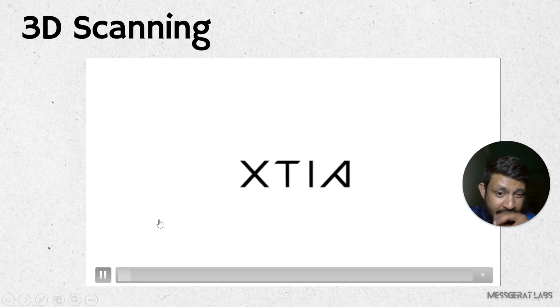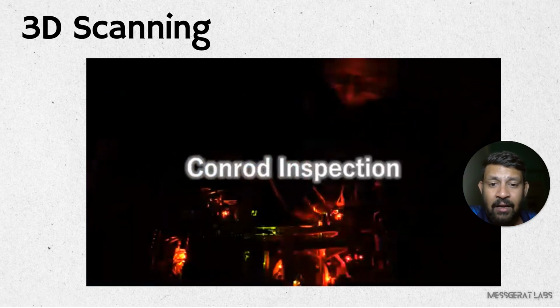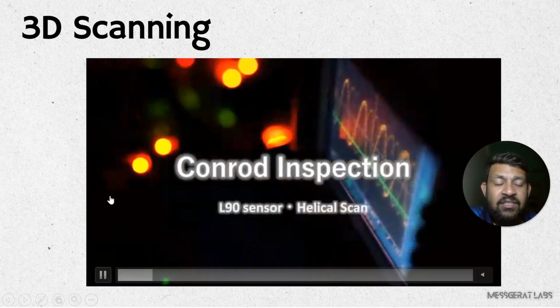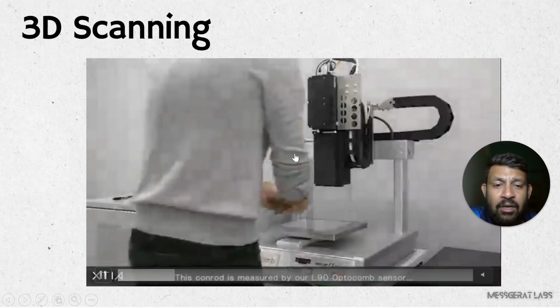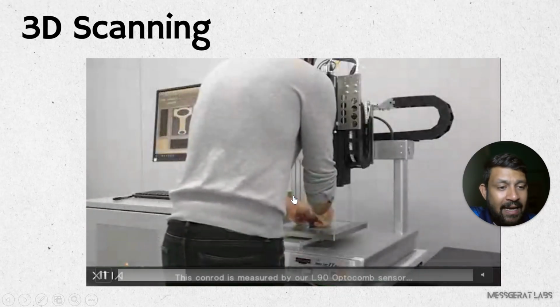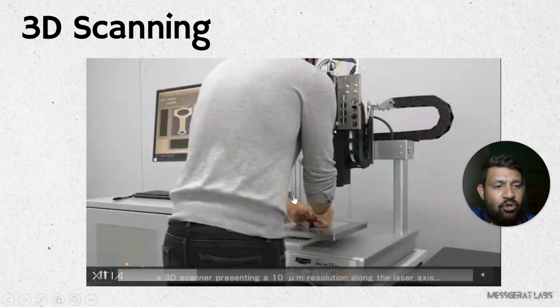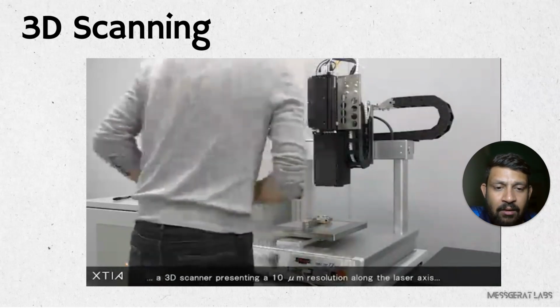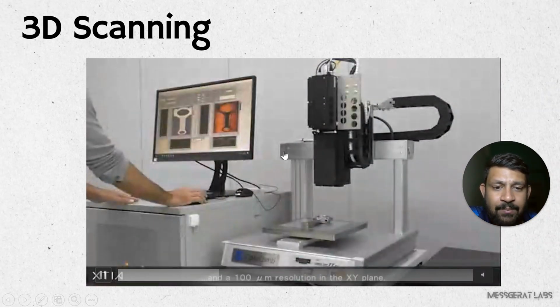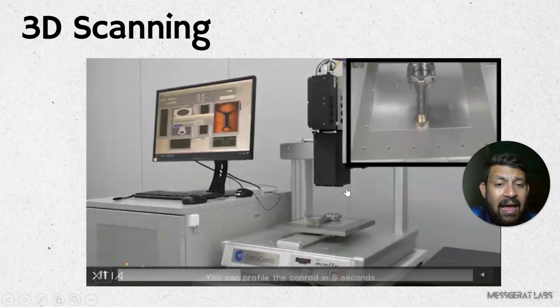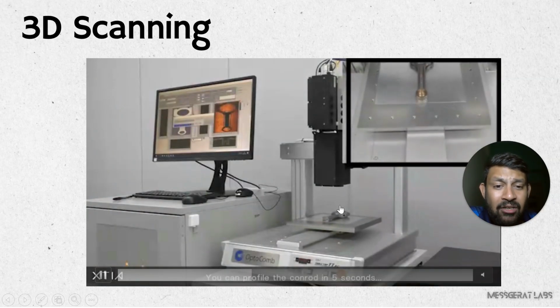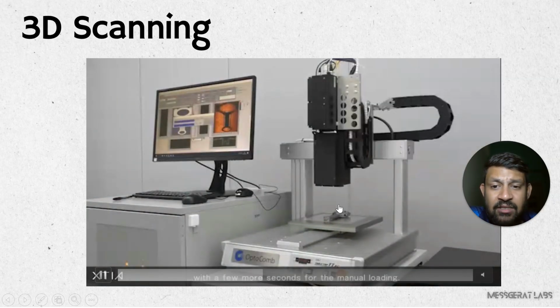So this is by XTIA, where they are doing a con rod inspection. The con rod is a component used in the automotive industry, the connecting rod basically, which is connected to your piston. And this is the CMM machine which can produce measurements with an accuracy of 10 microns and a resolution of 100 microns.